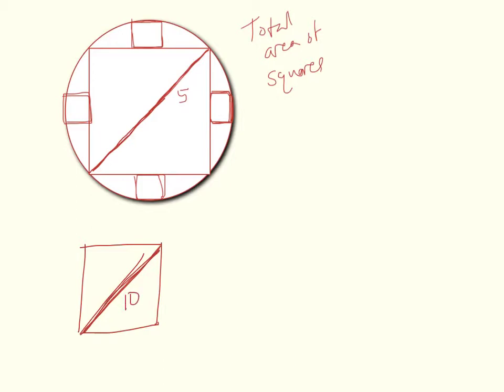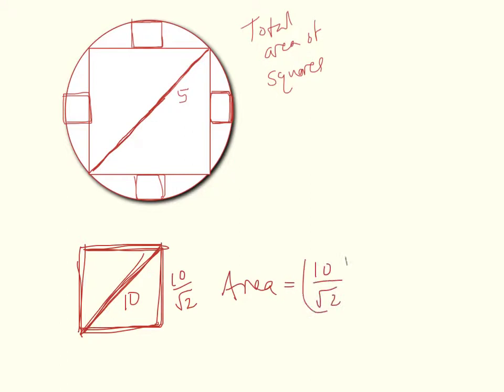Which means the side length is how long? 10 divided by root 2. Right. So this side length is 10 divided by root 2. So the area is that number squared, and that works out to be 100 over 2, which is 50. So the big square has area 50.